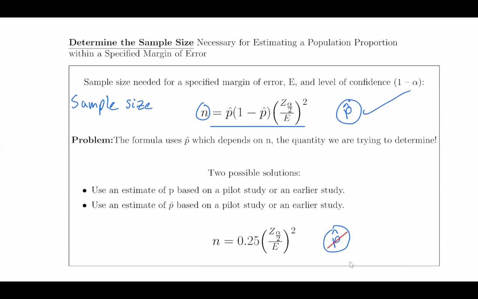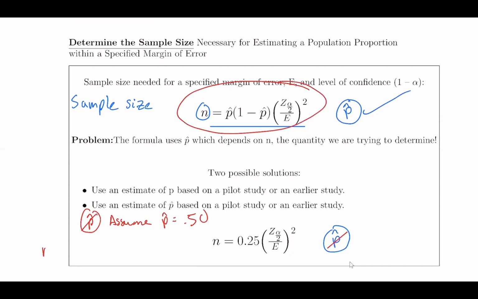Nope, perfect. All right. So I'm going to show you how they get the second formula when we don't know p hat. When we don't know it, we assume p hat is equal to 0.50, and we substitute into the first formula.